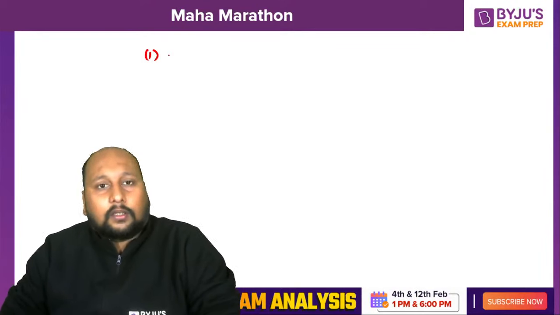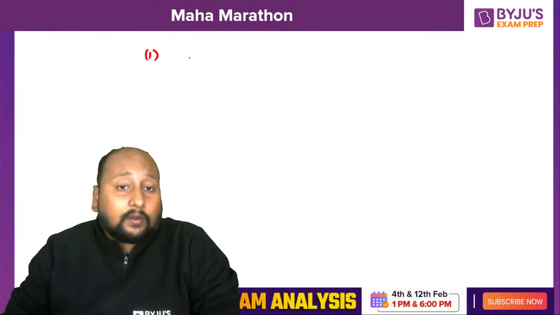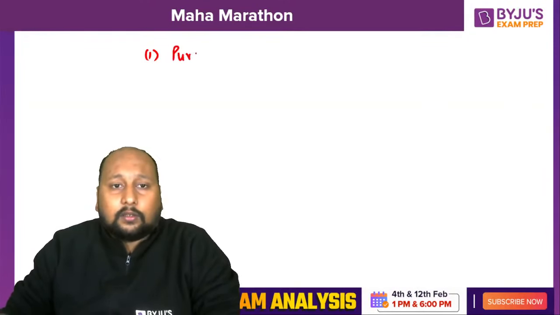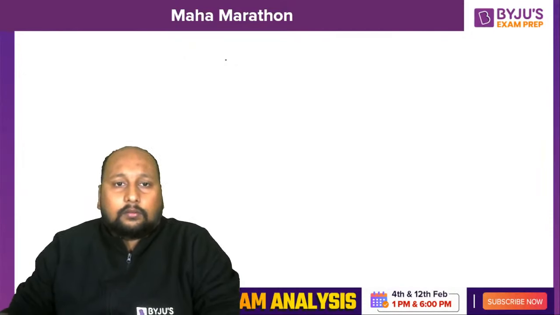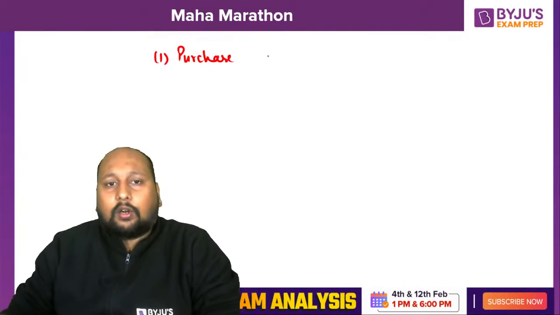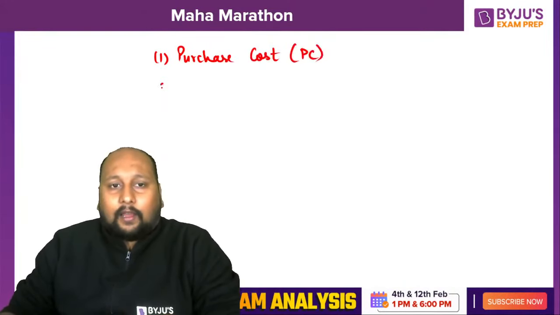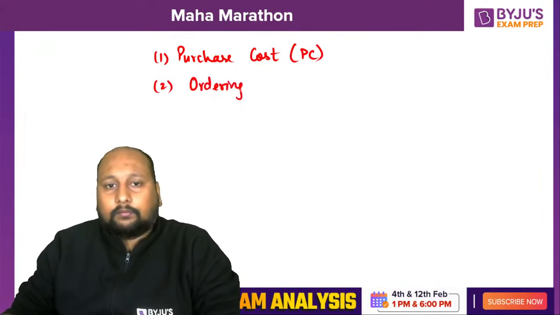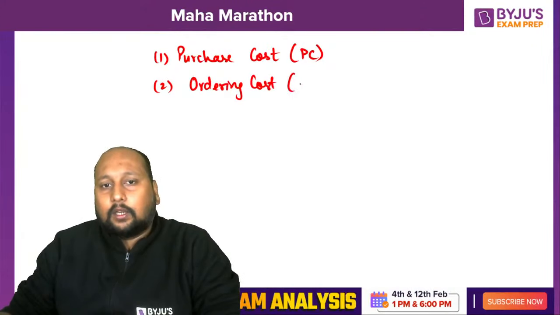If I talk about the different costs associated with inventories, we have the purchase cost, which is denoted as PC. We have the ordering cost, which is denoted as OC, or we can say setup cost also. Setup cost.